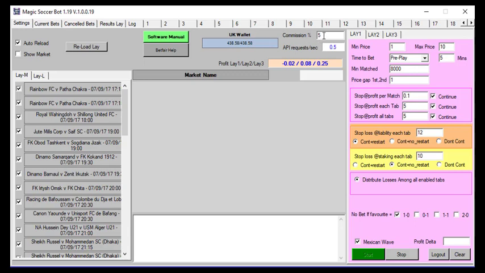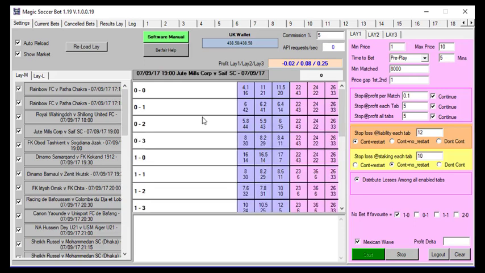Commission, if you're betting, 5% is what we use. The API request, you can see there it's very low, 0.5%. If we clicked on show the market here, this would jump up. If we clicked on, say, for example, a game, now it's actually drawing data from Betfair, and this API request will jump up.